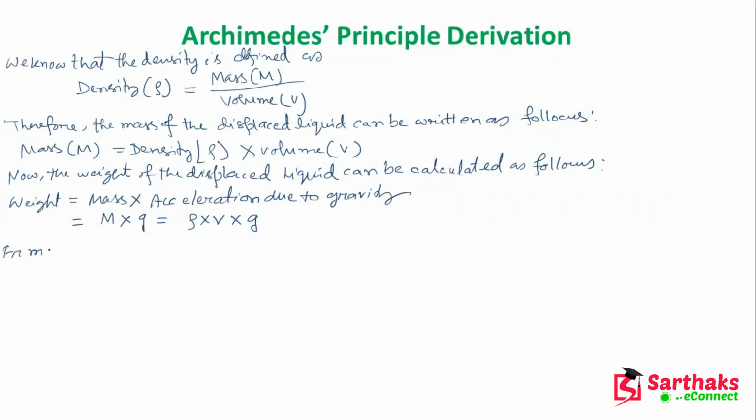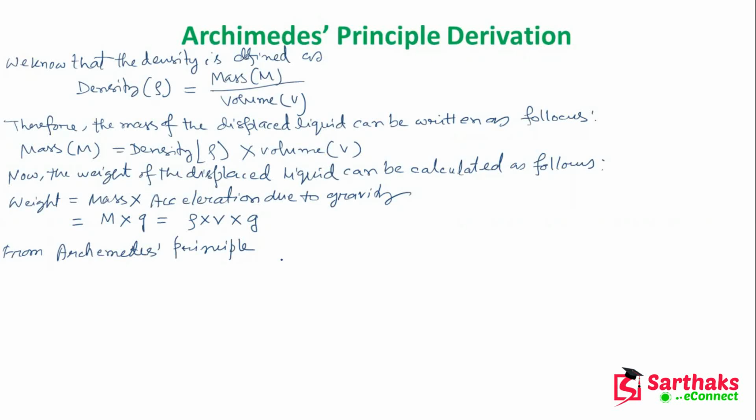From the Archimedes principle we know that the apparent loss of weight is equal to the weight of the water that has been displaced.